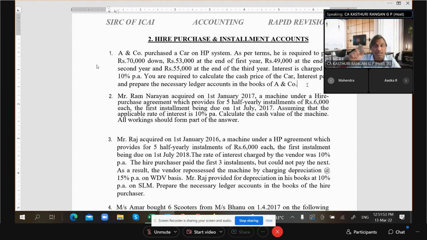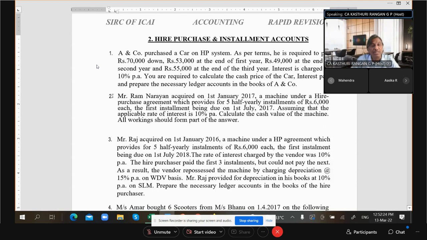But suppose it has already come in November 21, this time also it can come. There is no condition it will come only at the alternative exam. But one clue I'm giving you. By chance, if there is no problem on HP in November 21, then in May 22, it will definitely appear. And particularly, determination of cash price will definitely appear in any problem on HP. Okay.